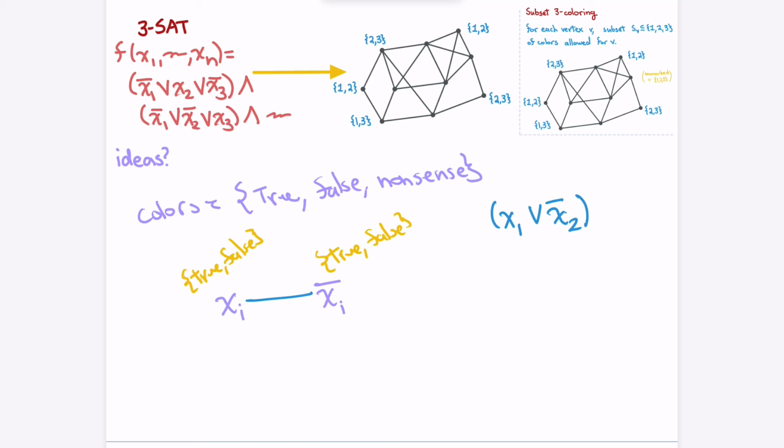So your gadget will probably involve your vertex for x1 and your vertex for x2 bar, and these can be either true or false. It would be nice to extend it to some kind of small graph or gadget where I can only color the whole thing properly if I either set x1 to be true or x2 bar to be true.